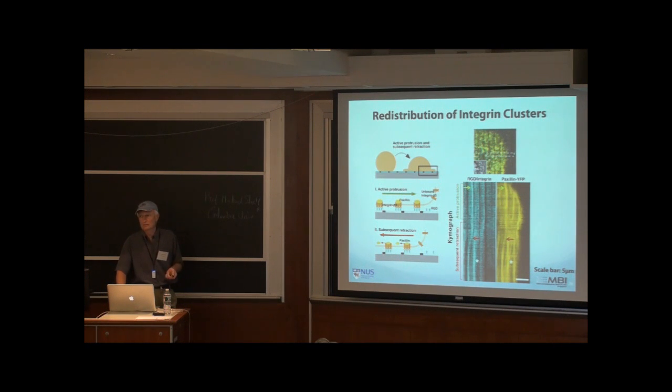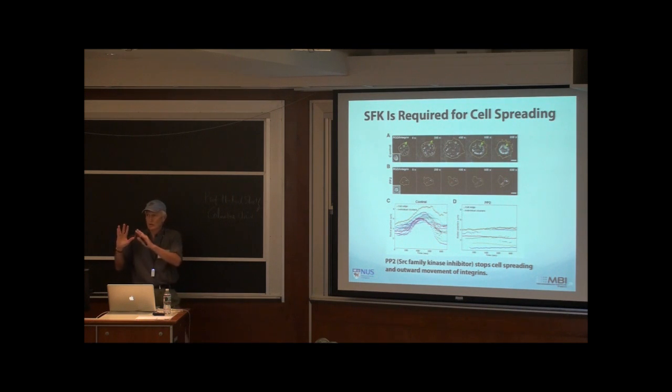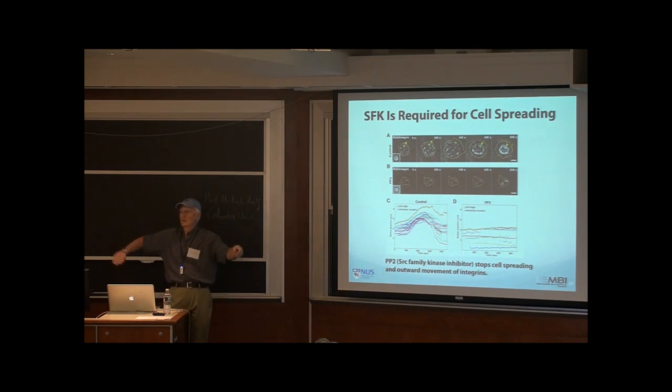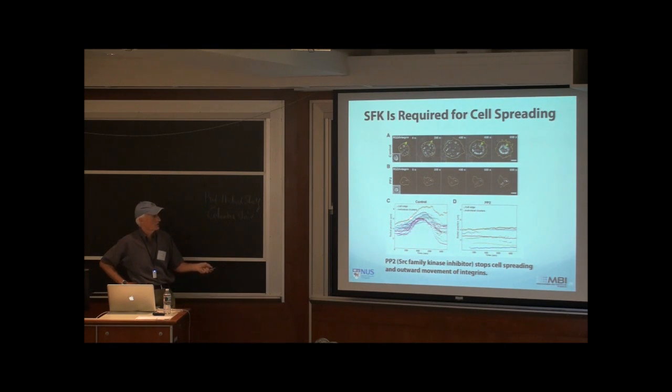Does it occur only on the leading edge, or isotropic on the other side? Pretty much isotropic. The next slide really addresses that question, because here we plot the radial position of all of these clusters, and we can see that virtually all of the clusters are moving out. The yellow line is the cell edge.